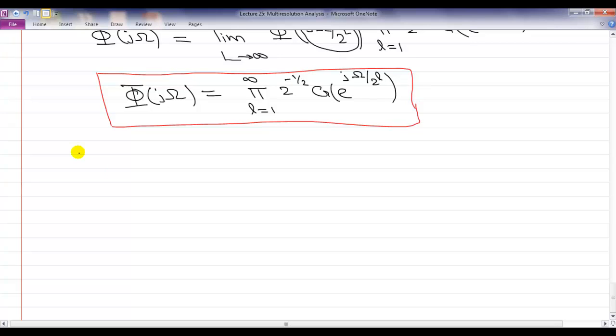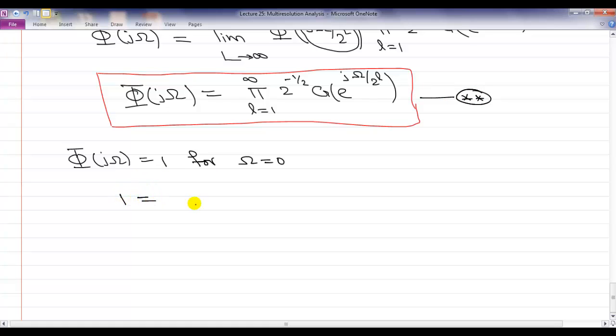And previously we talked about phi of j omega equal to 1 for omega equal to 0. So now let's call that relationship double star, and input omega equal to 0.